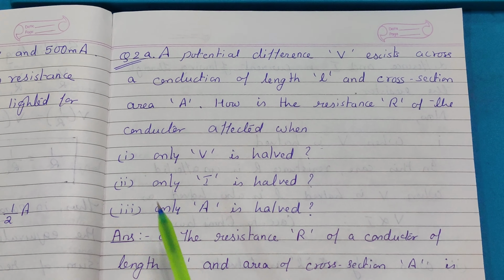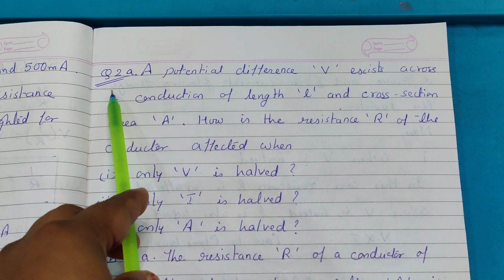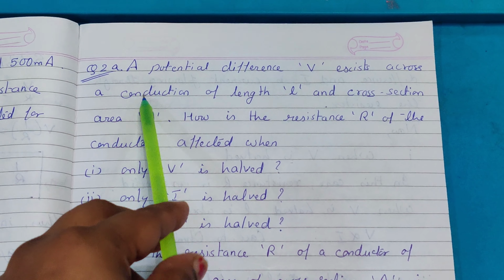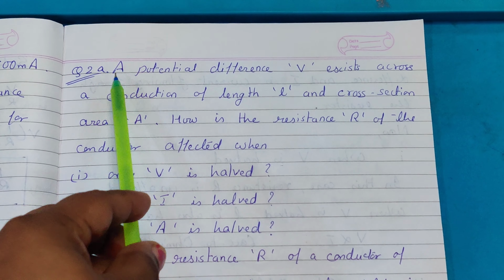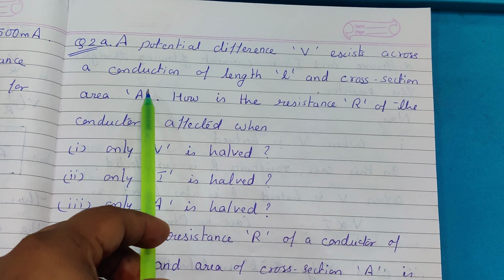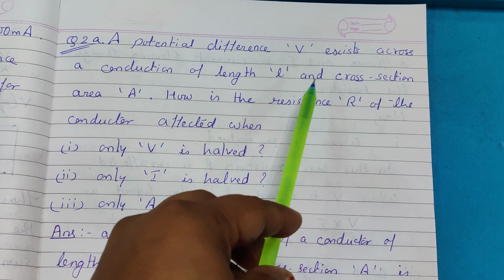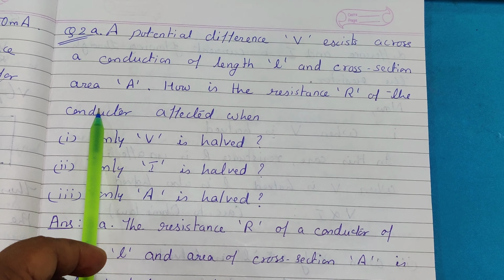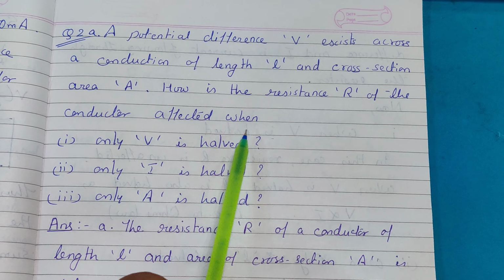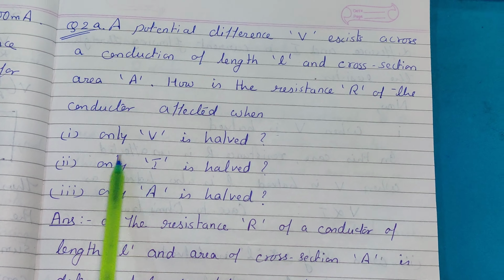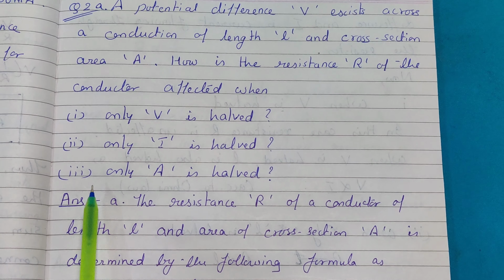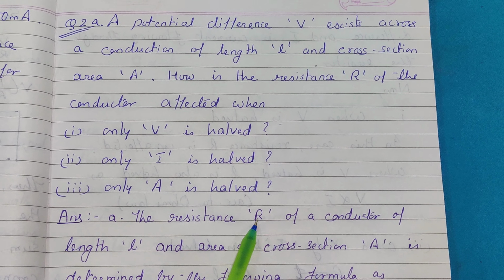So our next question is a 5 marks question that comes in your board exams. A potential difference V exists across a conductor of length L and cross-section area A. How is the resistance R of the conductor affected when only V is halved, only I is halved, and only A is halved?